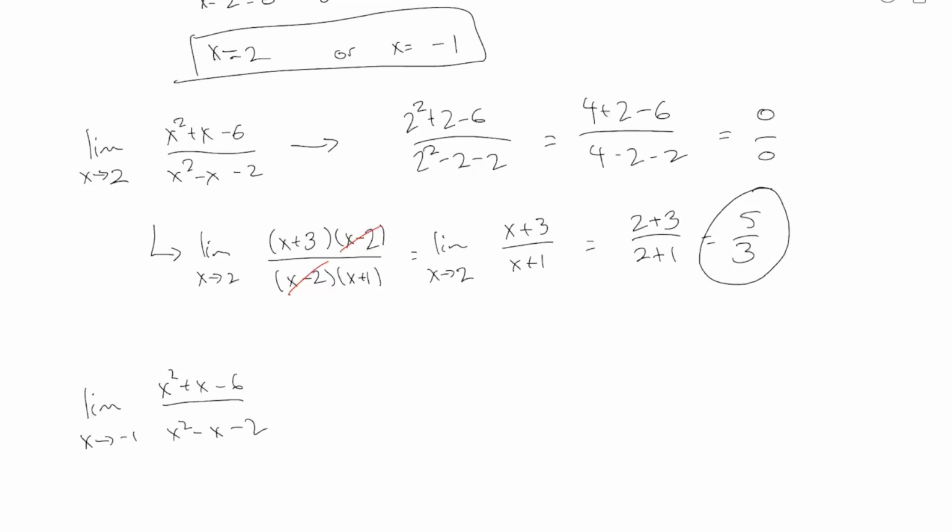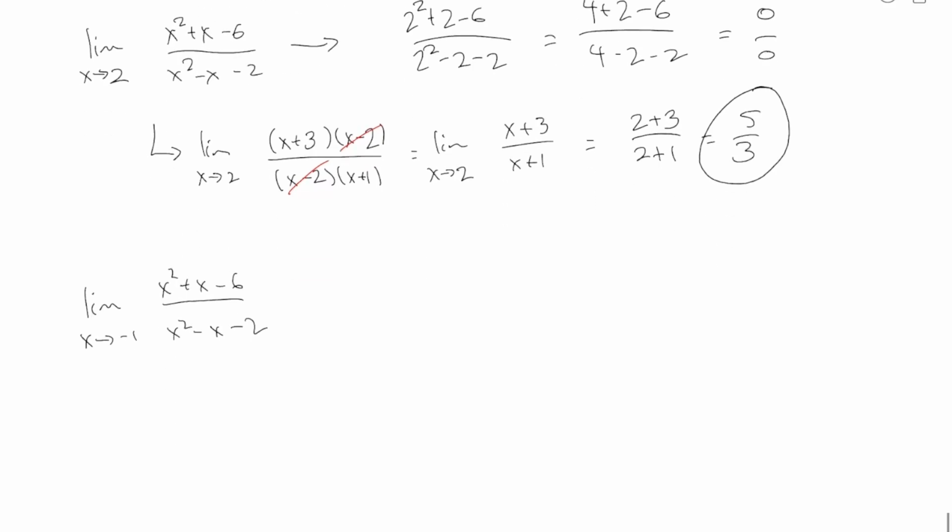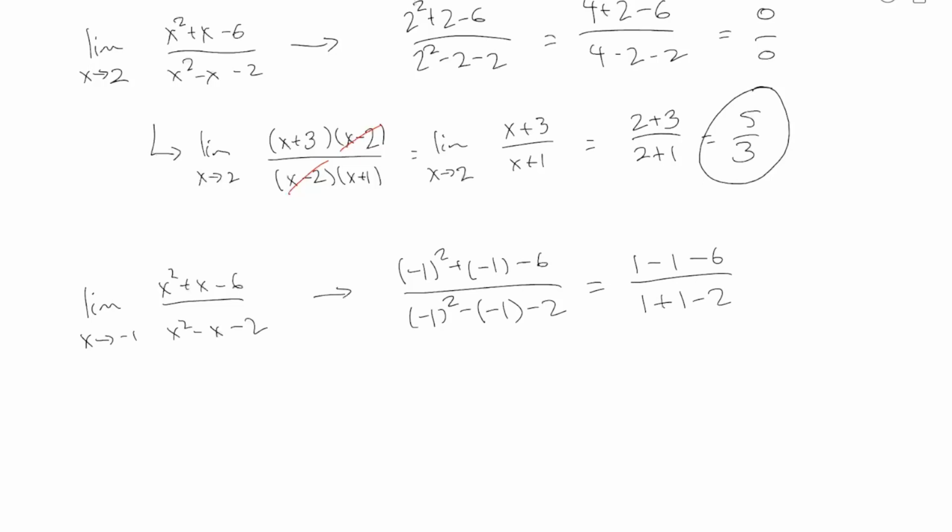All right, and then let's just do the other limit by the same methods. Here I will start by plugging in, see what happens. I go minus 1 squared plus minus 1 minus 6 over minus 1 squared minus minus 1 minus 2. I hope you get all your minuses right. 1 minus 1 minus 6 over 1 plus 1 minus 2.